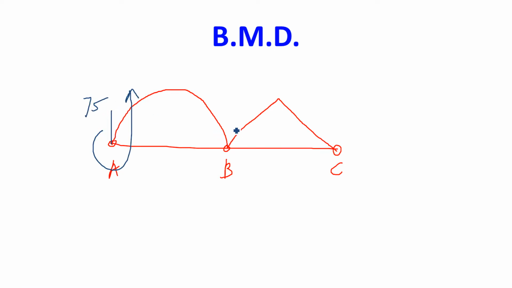Then MBA is clockwise 75, so it is upward. BC is anti-clockwise, that is minus 75, sorry, plus 75, it is upward, so both are 75 and it is 0 at C. So this joint is a straight line and this is 0 here.